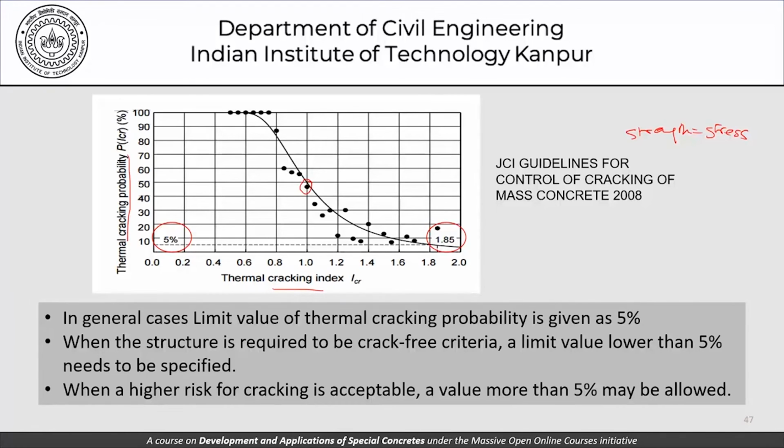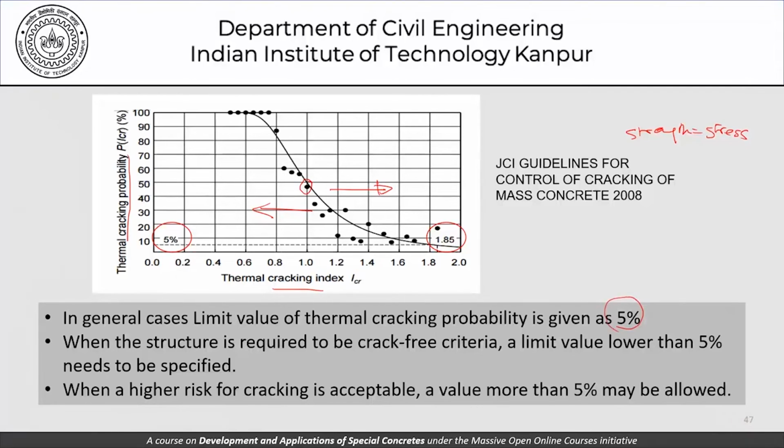But as we go in this direction, the probability of cracking increases, and if we go in this direction, the probability of cracking reduces. So in general, the limit value for the thermal cracking probability is given as 5%.